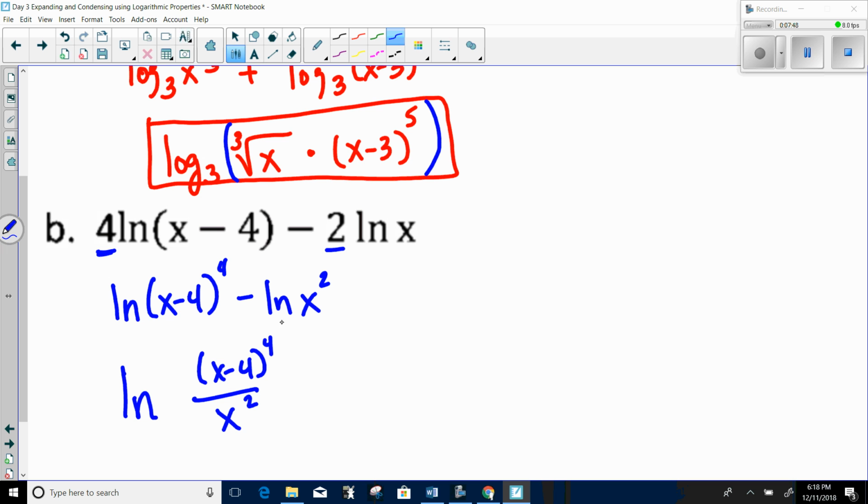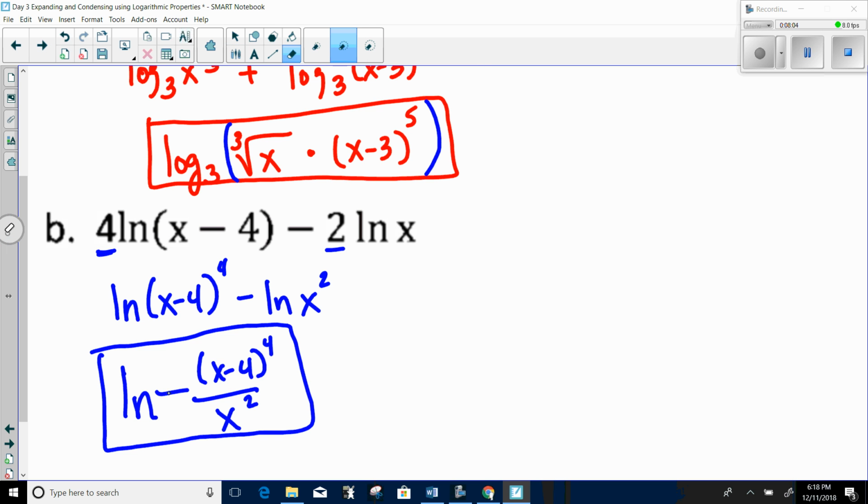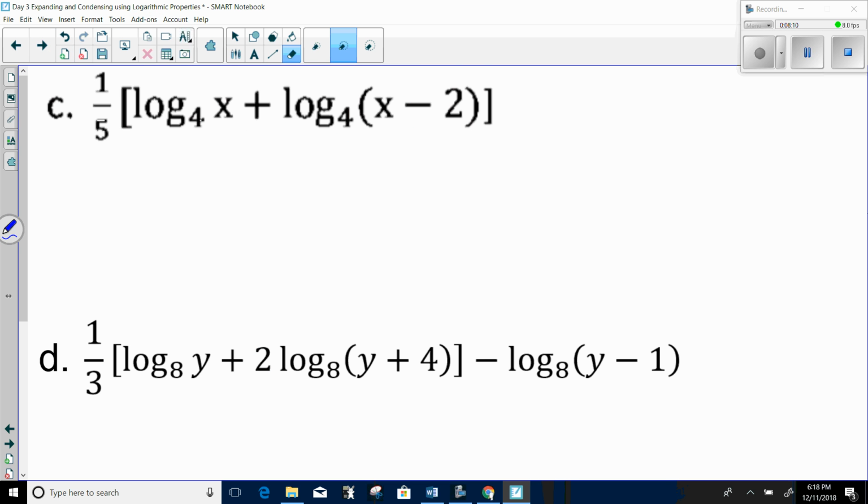Notice you go from 2 logarithms down to a single logarithm. The subtraction changes to division because you're going to a single logarithm, and that's condensed. There's only one left. You got it down to a single logarithm, and you used your exponent rules to simplify.